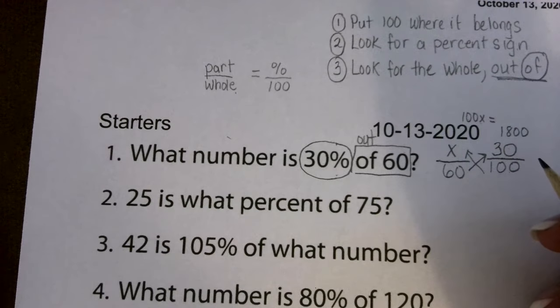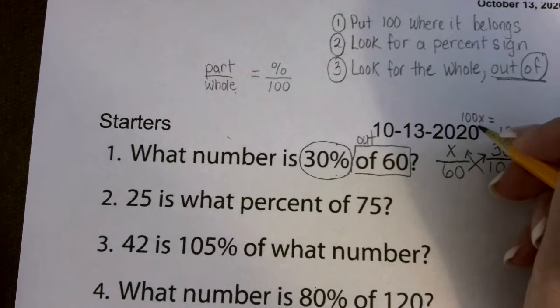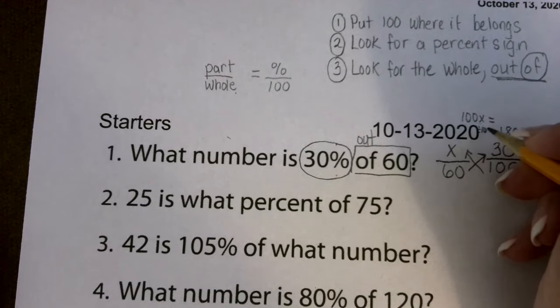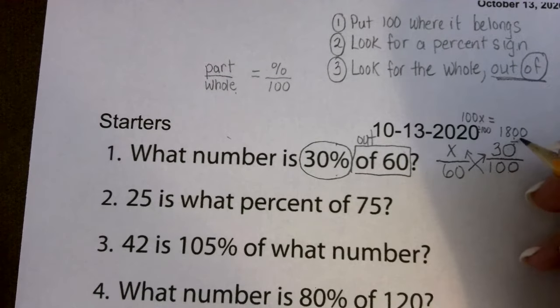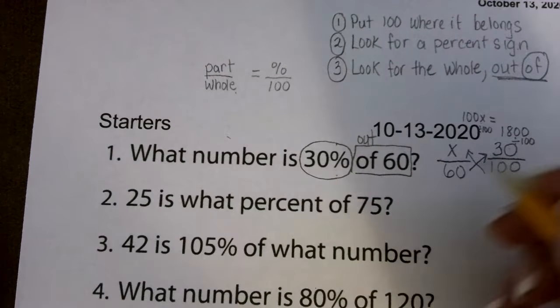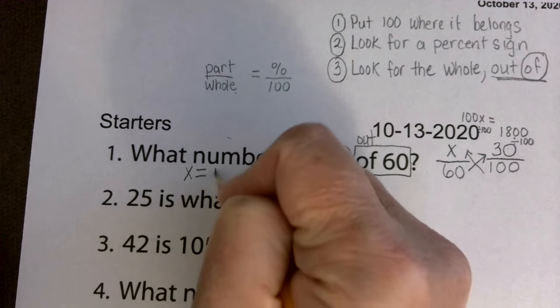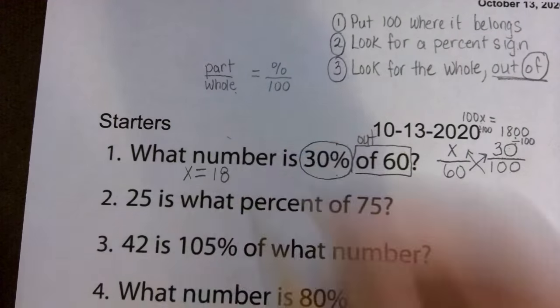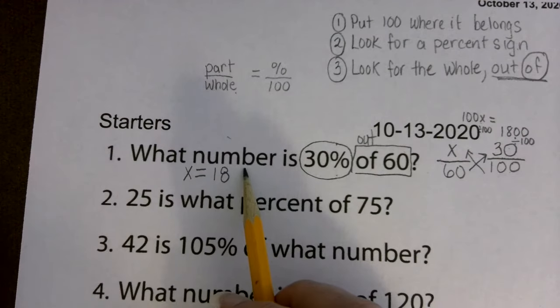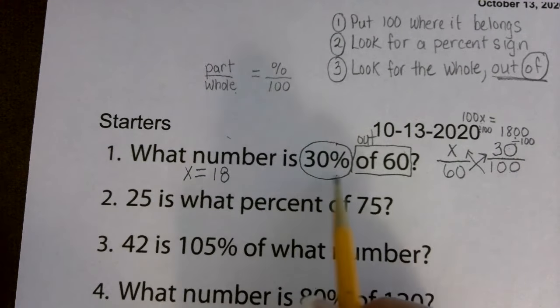And if you don't know what that is, we're just dividing by 100. And we've got that x is equal to 18. So that means 18 is 30% of 60.